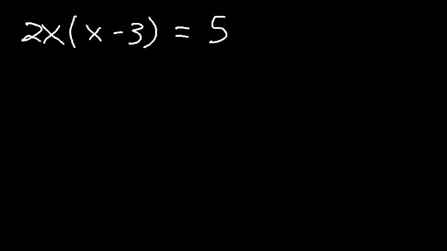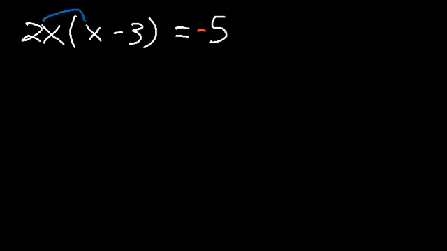Now what if you were to see an equation that looks like this? 2x times x minus 3 is equal to 5. Or rather, let's say negative 5. What would you do to solve for x? So notice that this is a quadratic equation, but not in standard form. So we got to put it in standard form before we can use the quadratic formula.